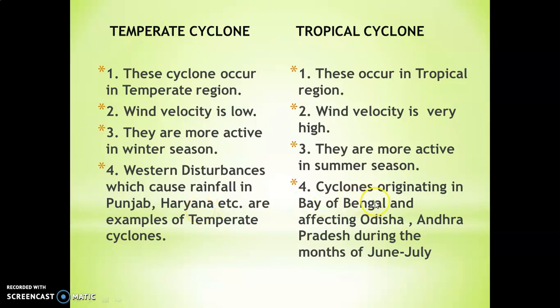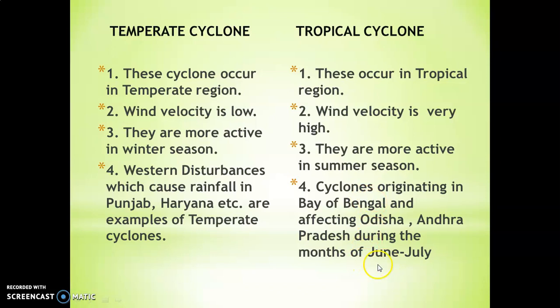Next is tropical cyclone. We have discussed in the southwest retreating monsoon that during this season, tropical cyclones occur in the Bay of Bengal, and these tropical cyclones are pushed by jet stream toward Odisha, Andhra Pradesh, and bring floods, lots of destruction in these states.